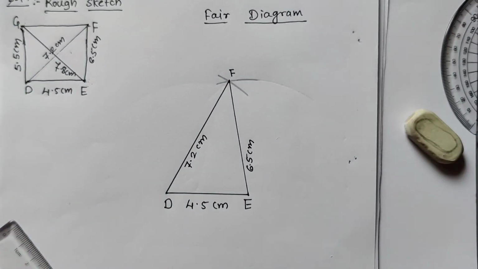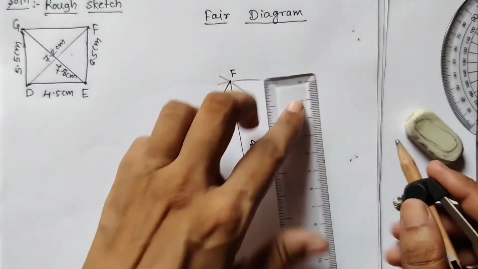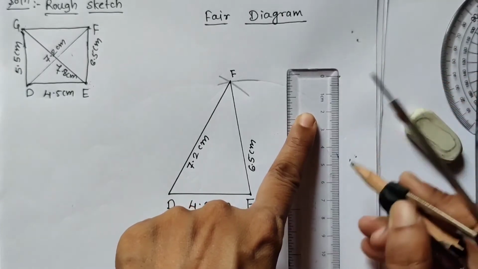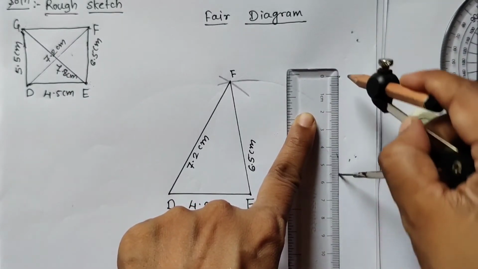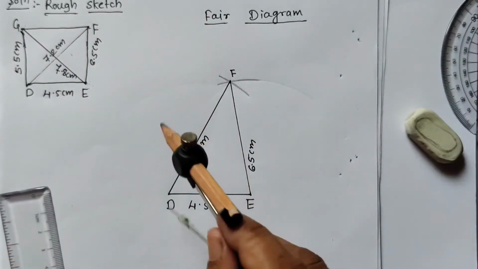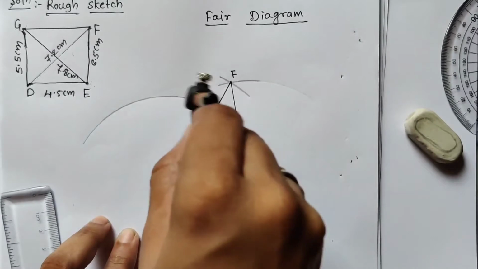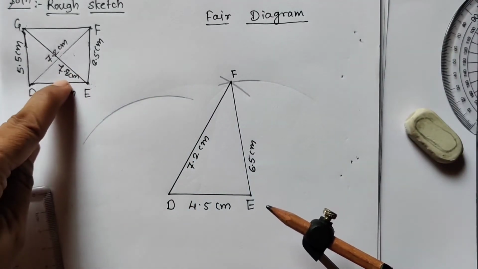So we are going to draw two arcs. From D it is 5.5, so I'll take the 5.5 centimeter distance in my compass. 0 to 5.5. Take the distance in my compass. Okay, from D it is 5.5. I will draw a big arc, and from E it is 7.8.